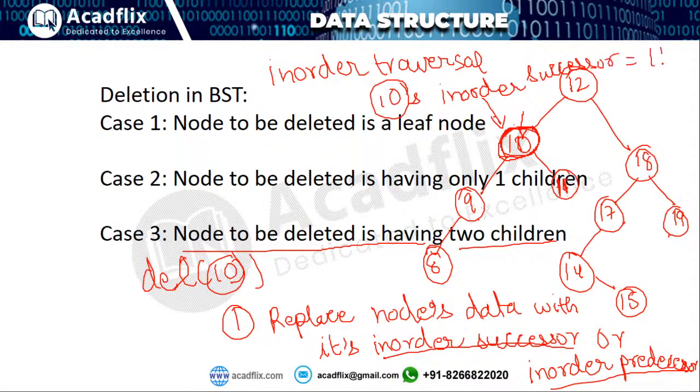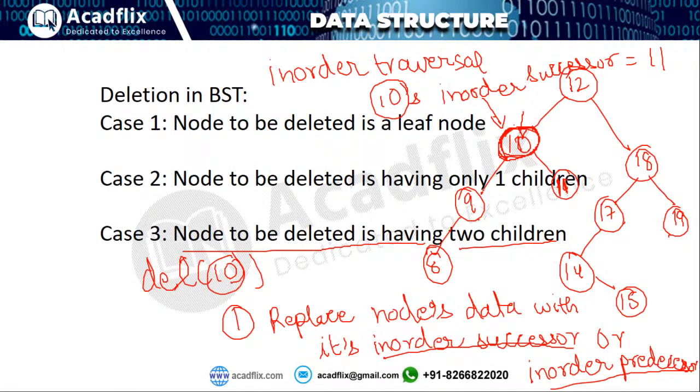The in order successor of 10 is actually 11. Why? Because if I do the in order traversal of this, it would be the element which is just greater than 10, which is 11 in this particular case. And what is the in order predecessor of 10? It is the element which is processed just before 10.